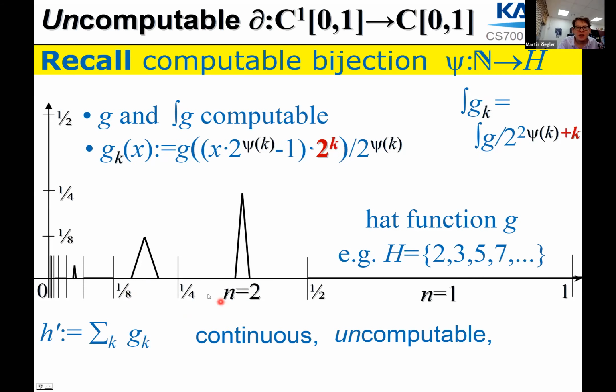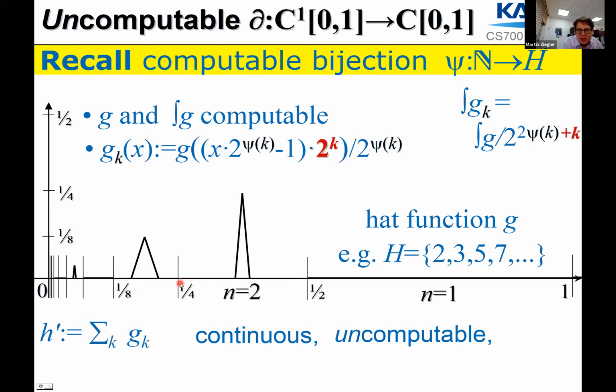But now n occurs not in increasing order. This bijection is not necessarily decreasing or increasing or anything. So when a head occurs late in this enumeration, it will be very thin.